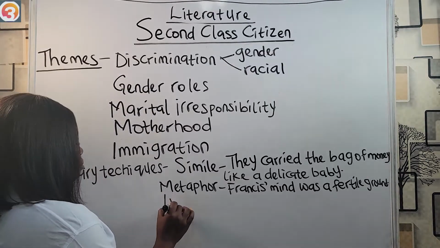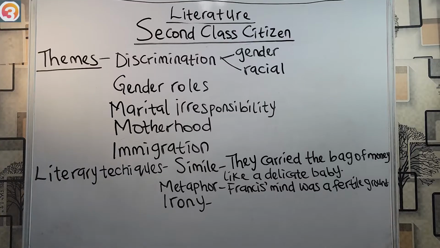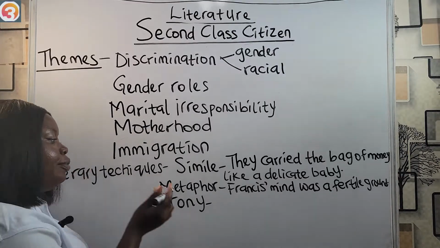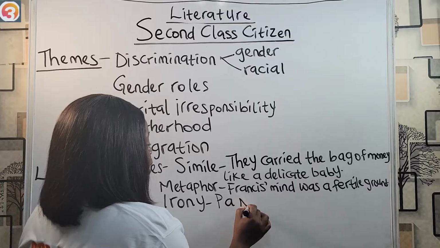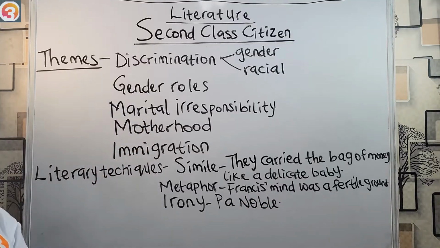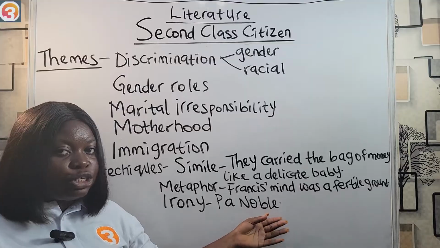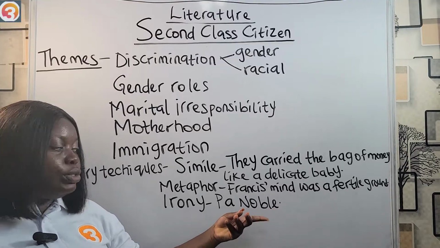Even irony. We see lots of ironies, especially situational irony in the character of Noble. Imagine someone named Noble when his actions are anything but. So we see that there.